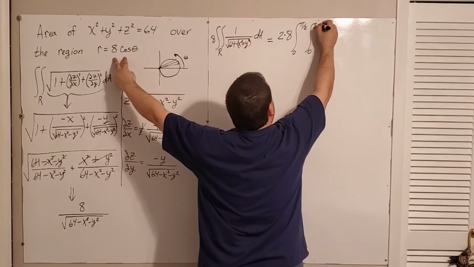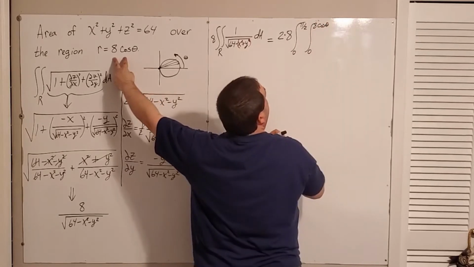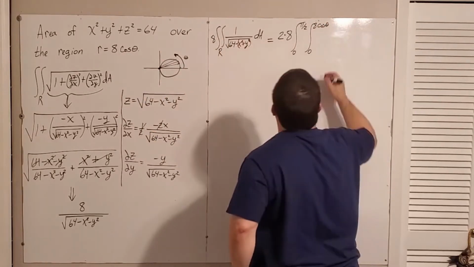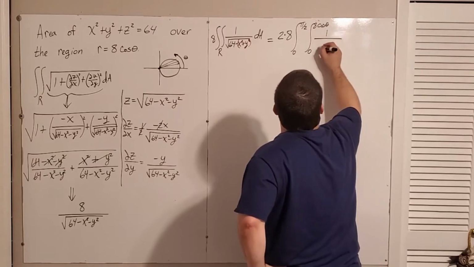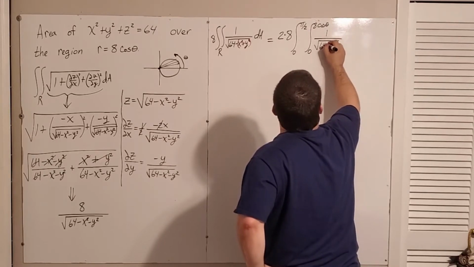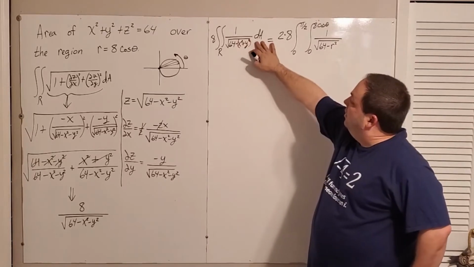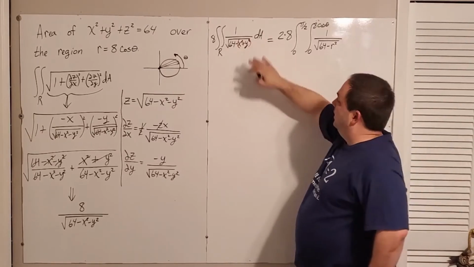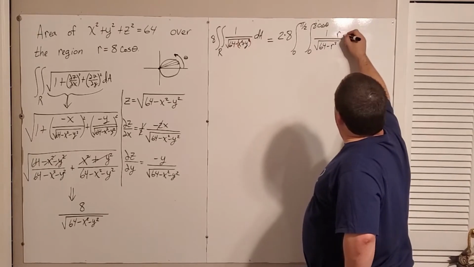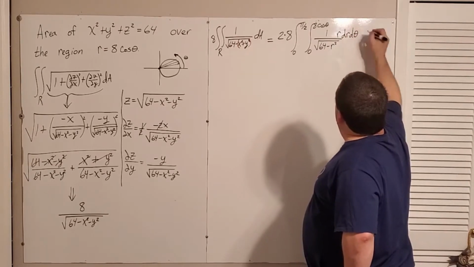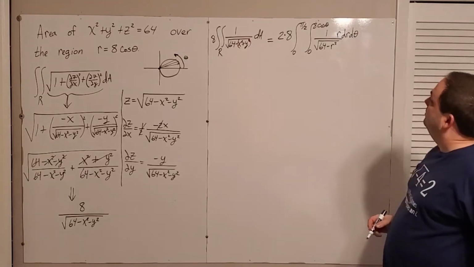So that's 8 cosine theta. And then my integrand here, which is going to be 1 over the square root of 64 minus r squared. And then we have our differential area element, right? dA in this case is our r dr d theta that we know and love for polar coordinates.